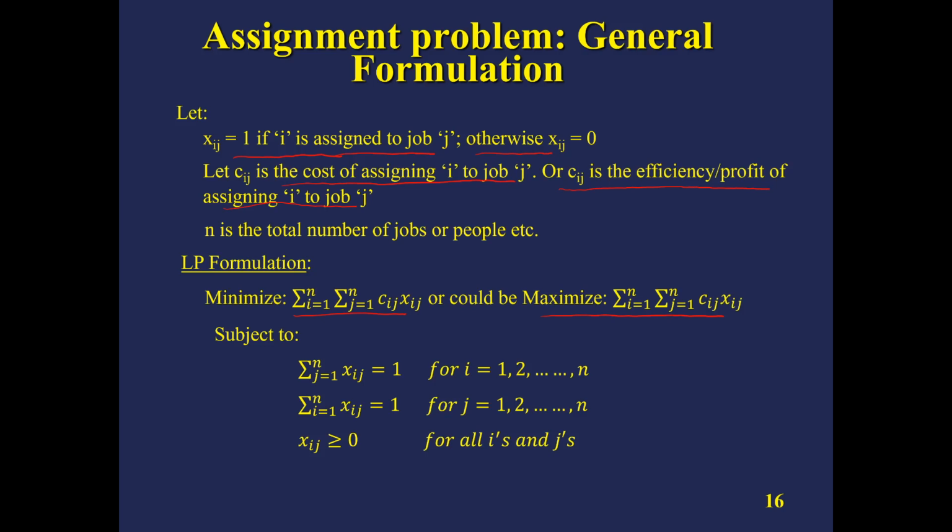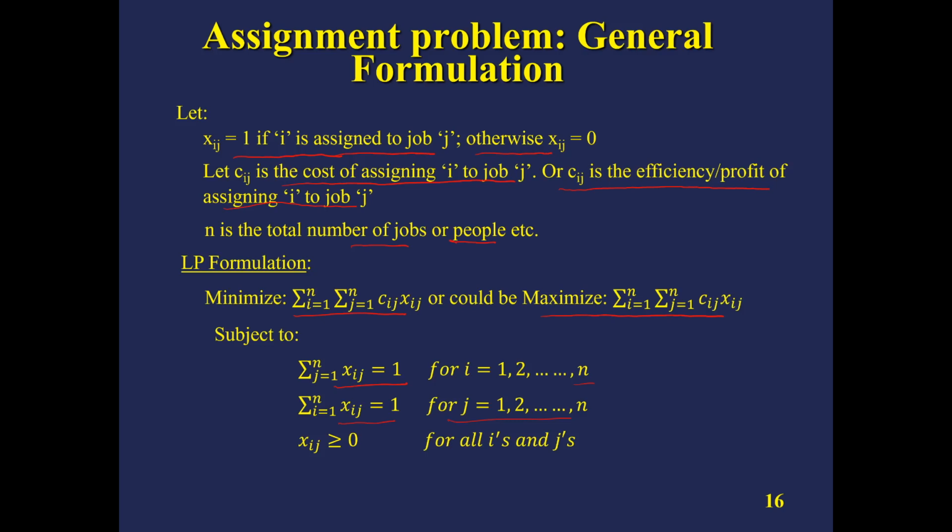As you can see, the number of jobs and number of people should be the same. So n is the same for i and j. And as said earlier, the total should be 1 because one person will be assigned to one job.